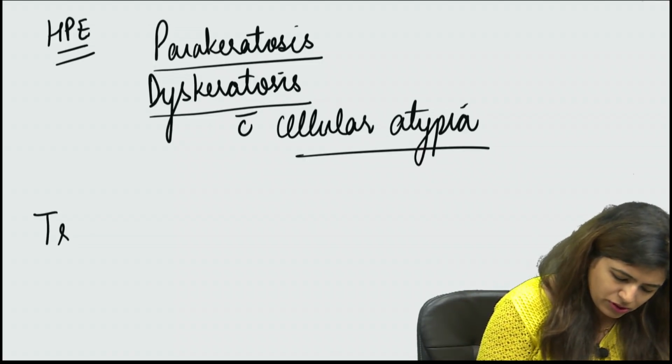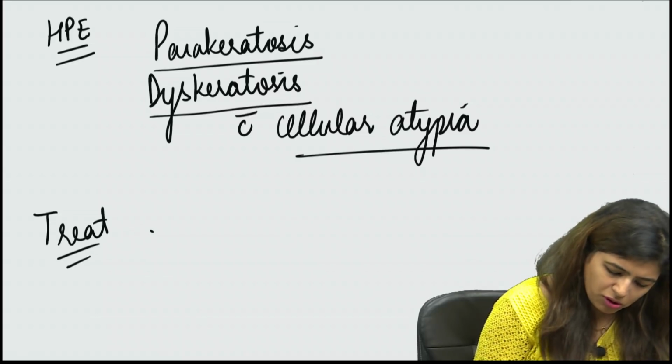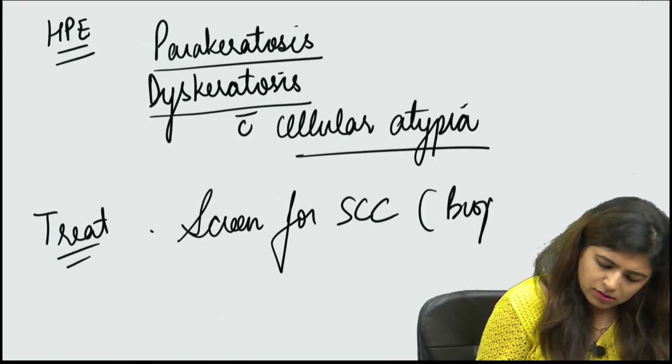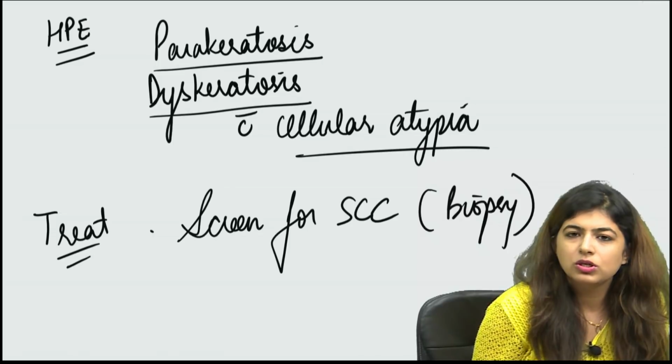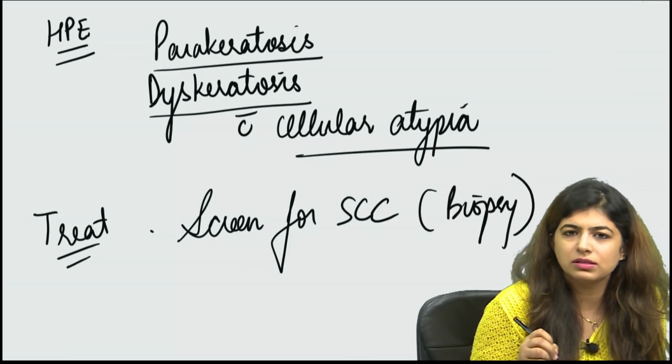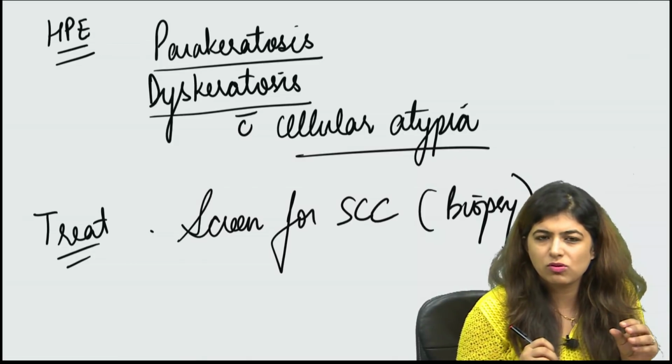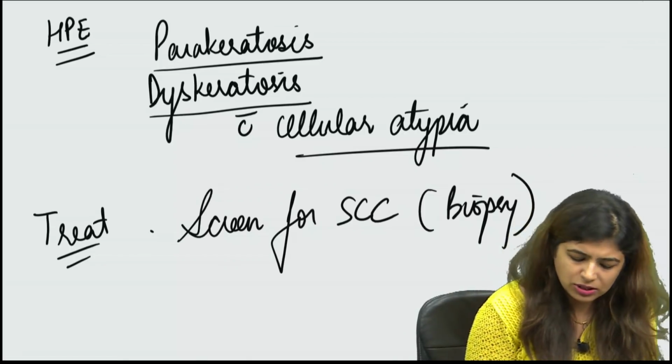How do you treat? First of all, you screen for squamous cell carcinoma by taking a biopsy. It's very important to establish the diagnosis, see the extent of atypia, or maybe a small squamous cell carcinoma happening somewhere in the lesion.